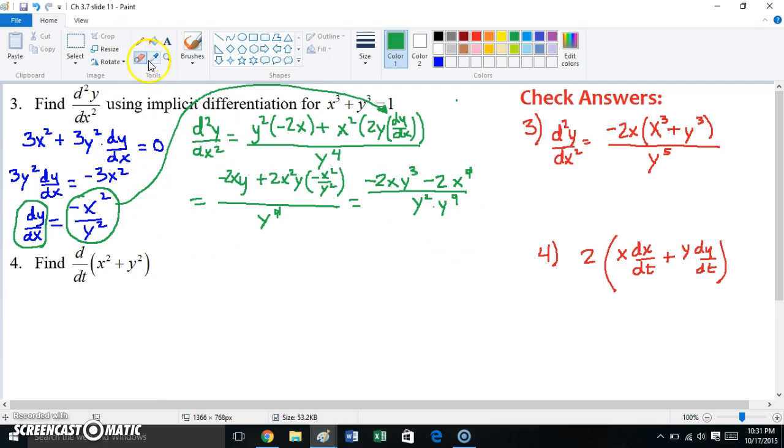All right, my 4s are kind of looking like 9s. So let me clean that up. Okay. Just double checking my work here.